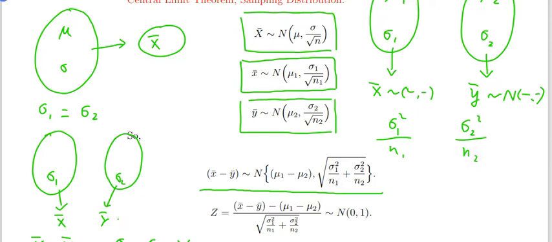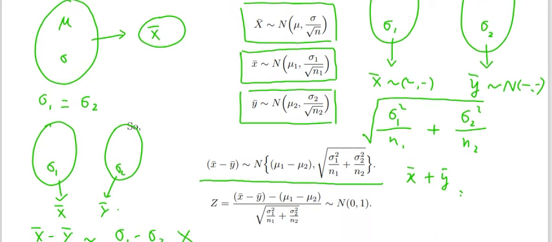Put together, the variances are added. Whether it is x bar minus y bar or x bar plus y bar, it is the same. If we put the two samples together, the variances add up. Then for the standard deviation we take the square root, so we have this.